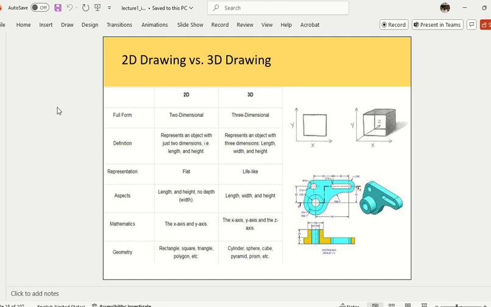But when we go to the site, we make it into 2D, because it's easier to work with 2D. And obviously, on the site you have labor and supervisors and so on, so everybody doesn't understand the 3D concepts. So now the drawings on which we work are 2D.